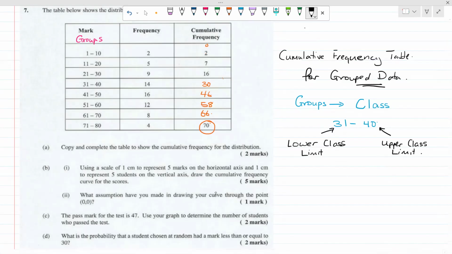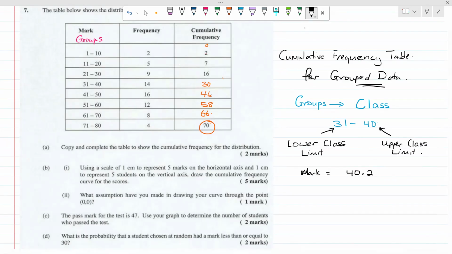Now, in order to determine which marks would fit in a particular class, what if somebody got the mark of 40.2? Would this still belong in the class 31 to 40? Yes, it would. And how do we know that?